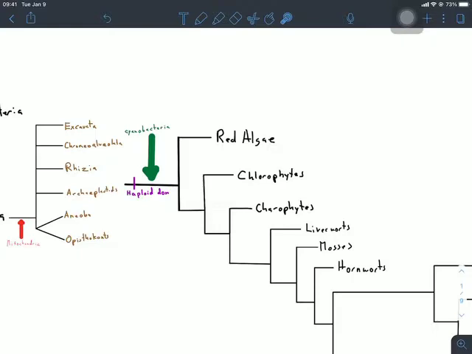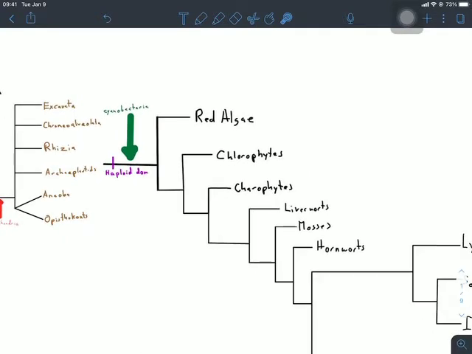This group of archaeplastids were haploid dominant, and this ancestral characteristic was inherited by the red algae, which were one of the basal archaeplastids, and of course the two different groups of green algae, the chlorophyte green algae and the charophyte green algae, which we talked about as the predecessors of land plants. They share their most recent common ancestor with land plants.